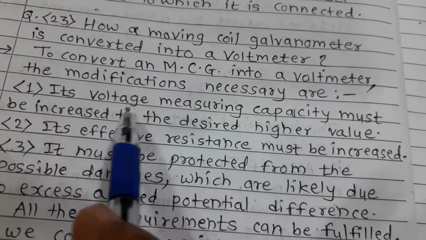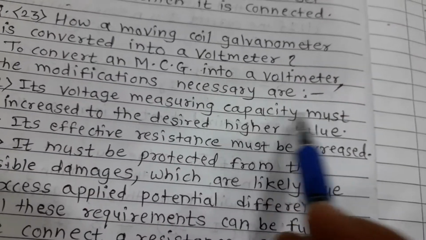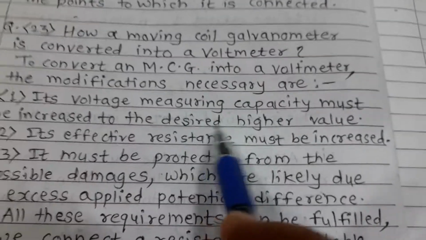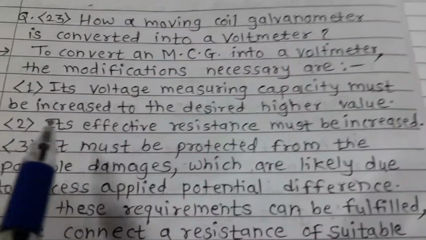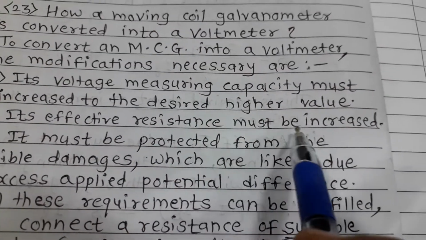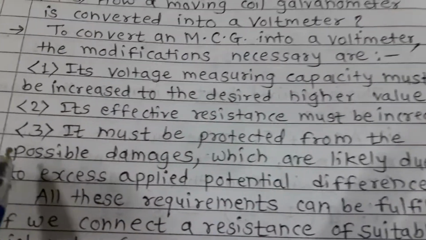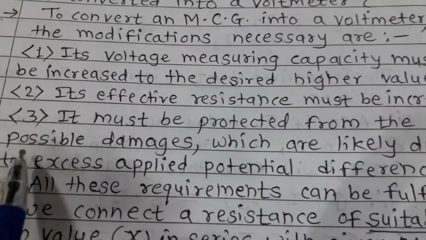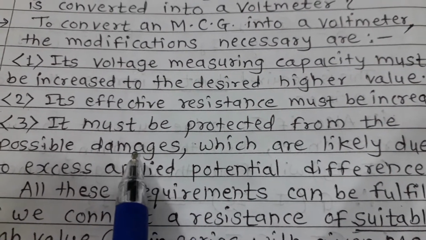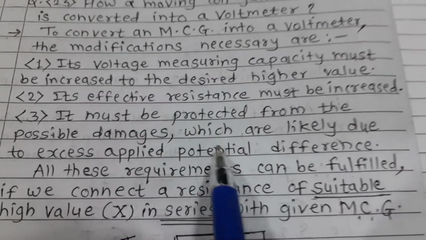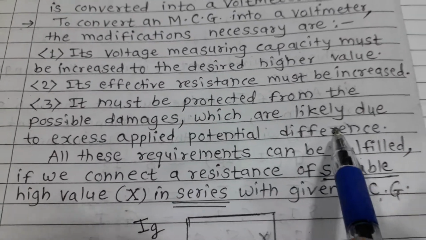Its voltage measuring capacity must be increased to the desired higher value. 2. Its effective resistance must be increased. 3. It must be protected from the possible damages which are likely due to excess applied potential difference.